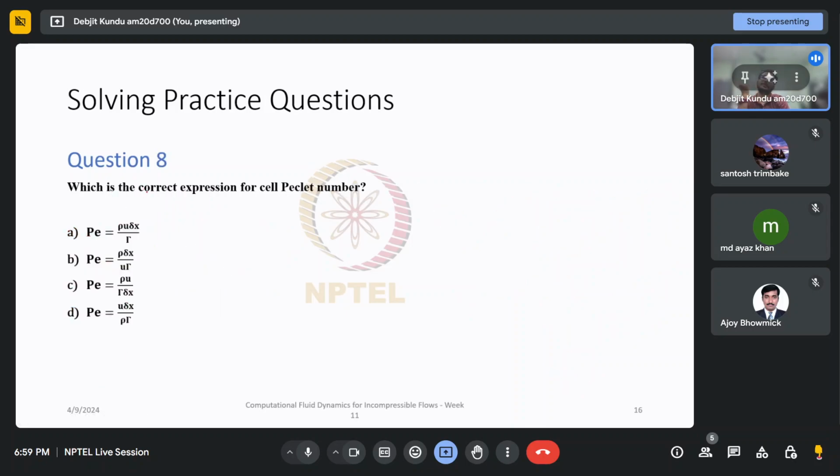Okay, so moving along, we move on to question number 8 now, which is asking us what is the correct expression for the cell Peclet number? Is it option A, rho u delta x by gamma? Option B, rho delta x by u gamma? Option C, rho u by gamma delta x? Or option D, u delta x by rho gamma?